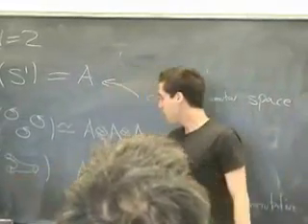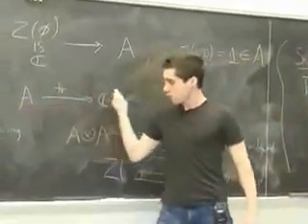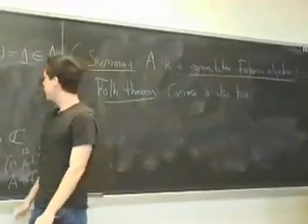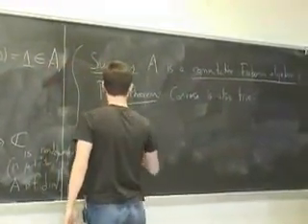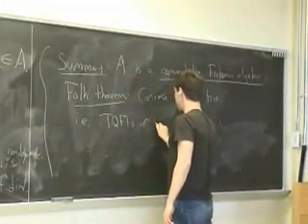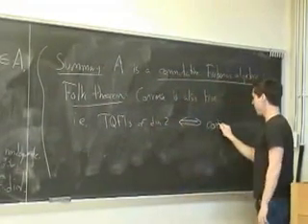The multiplication that you get from a pair of pants will coincide with the multiplication on your algebra, and the trace that you get from a disk will correspond to the trace on your algebra. So, i.e., TQFTs of dimension 2 are the same thing as commutative Frobenius algebras.